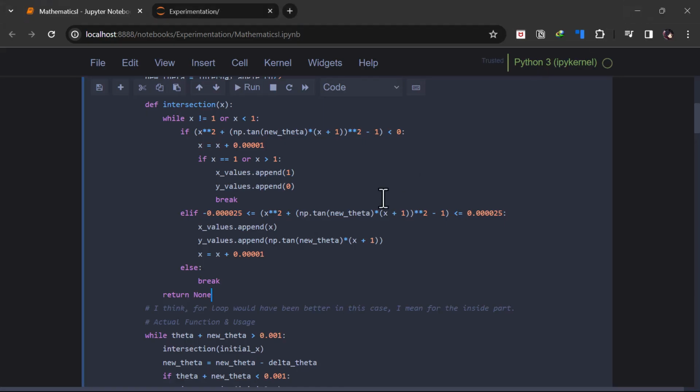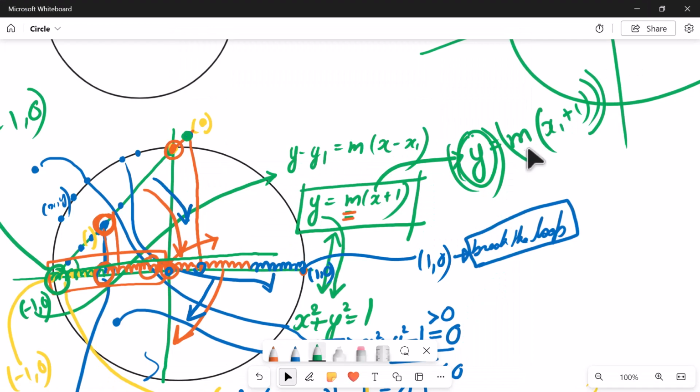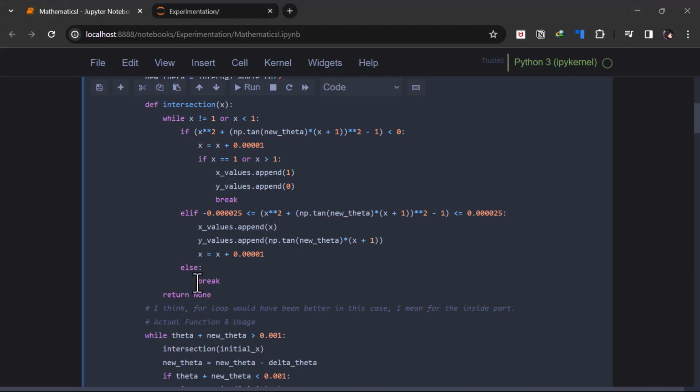So that is what we're doing. This is nothing but m times x plus 1, which is here as well: m times x plus 1. So this is how we are calculating the y value, np.tan of theta times x plus 1, and we are appending that value to our list.